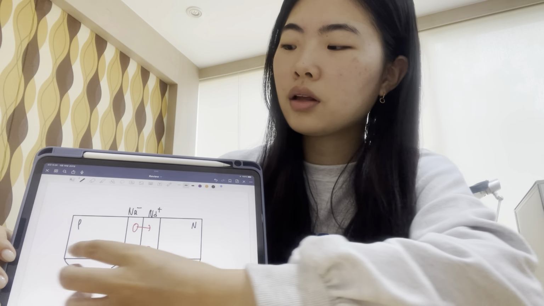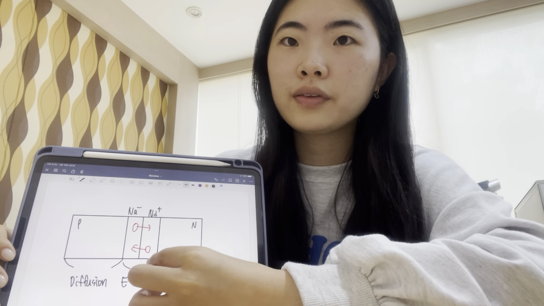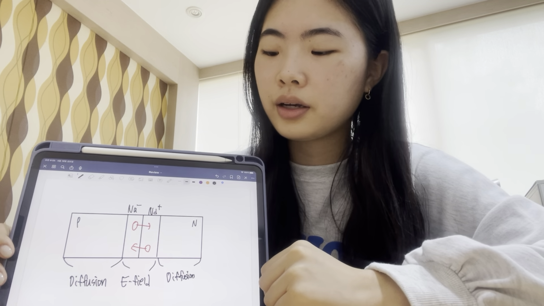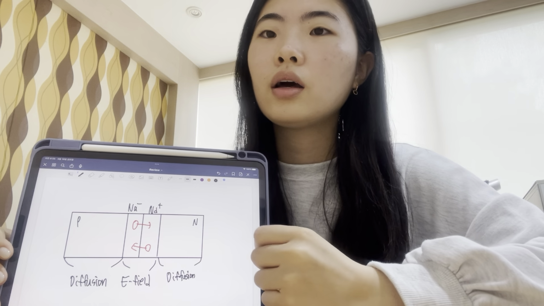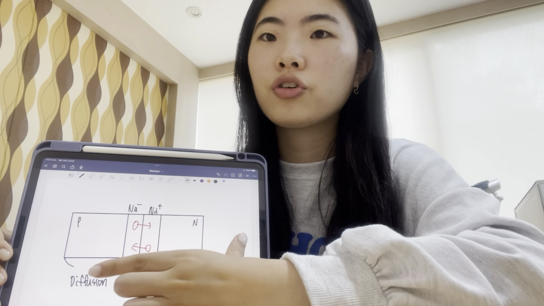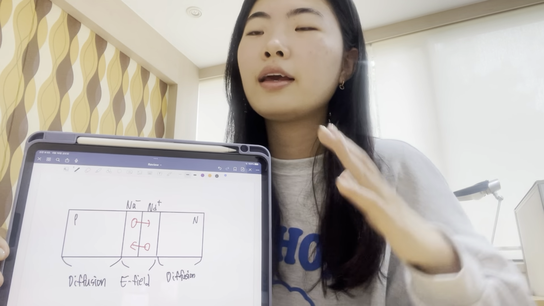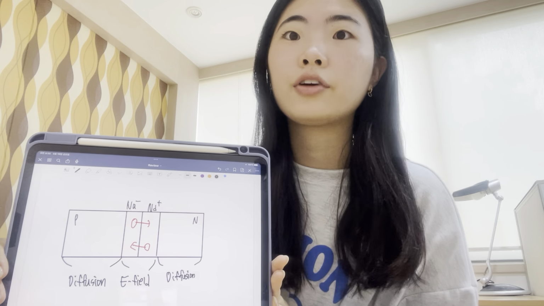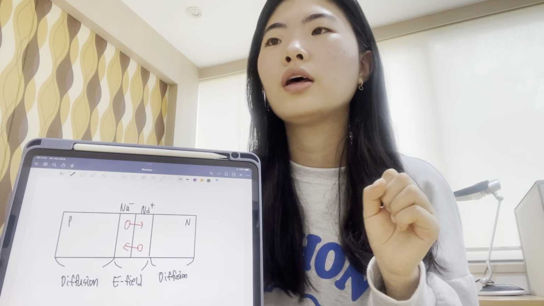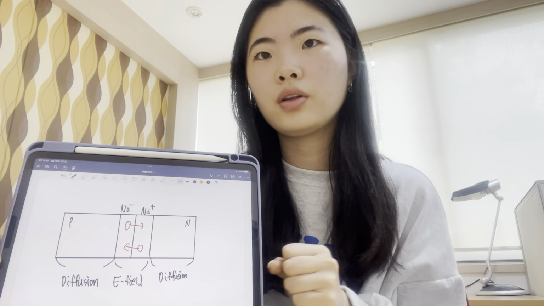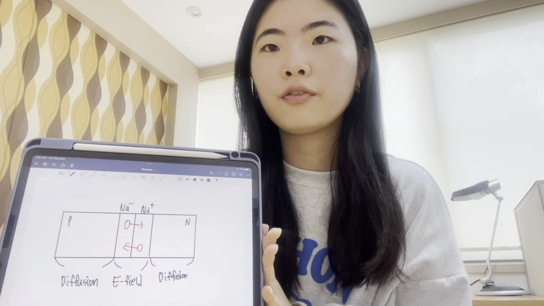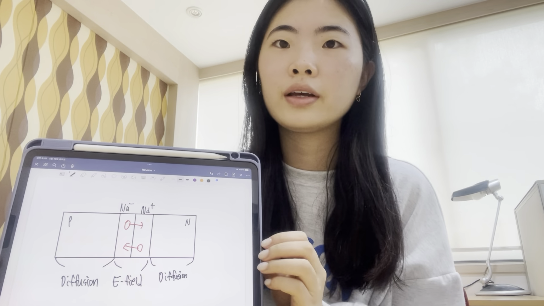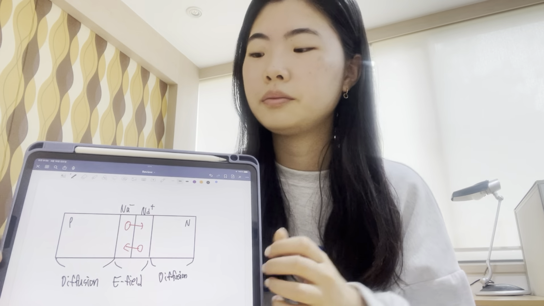However, in the neutral region, the electron and hole will move by diffusion. So the p-n junction has an internal electric field. So we should use the internal electric field very well and move the electron and hole very effectively.